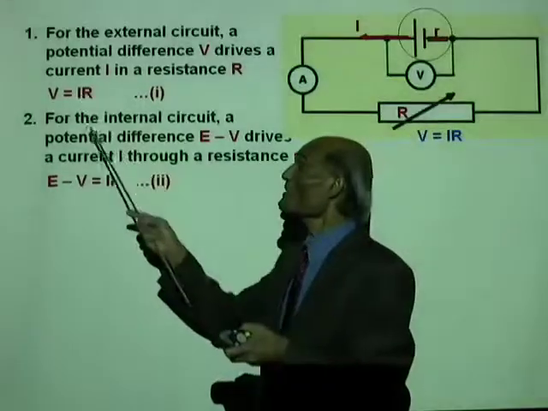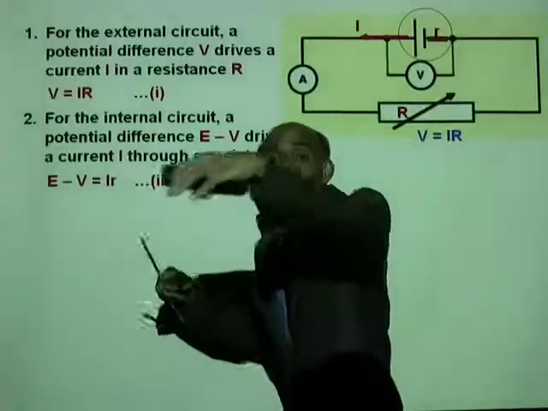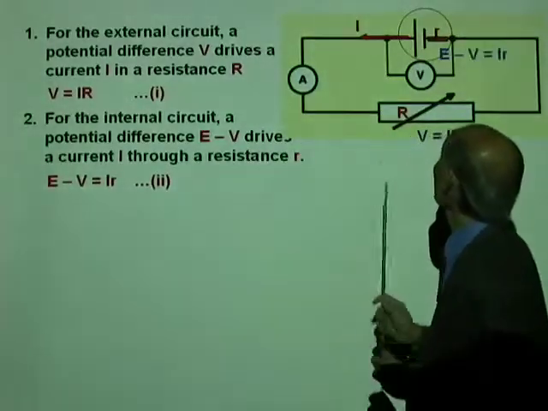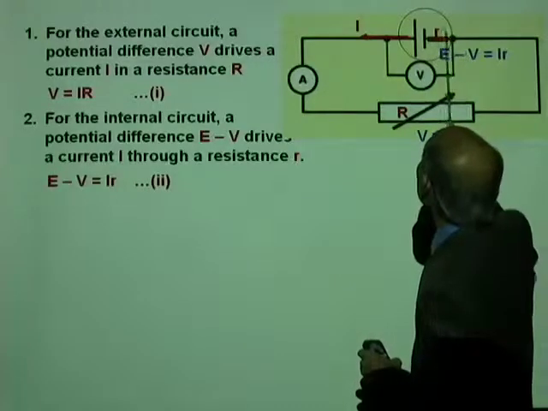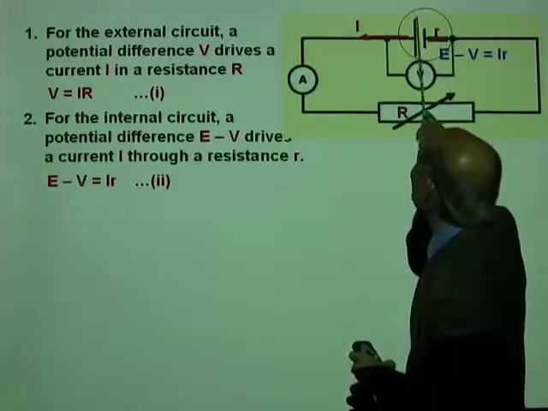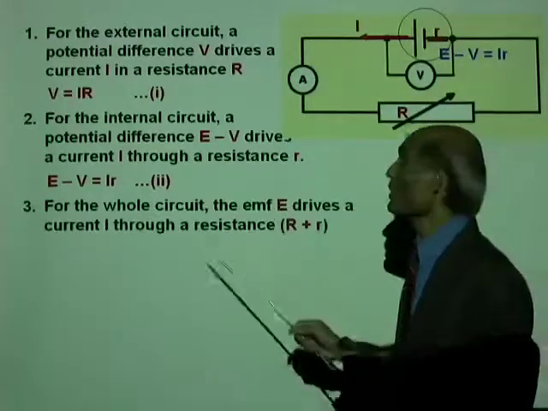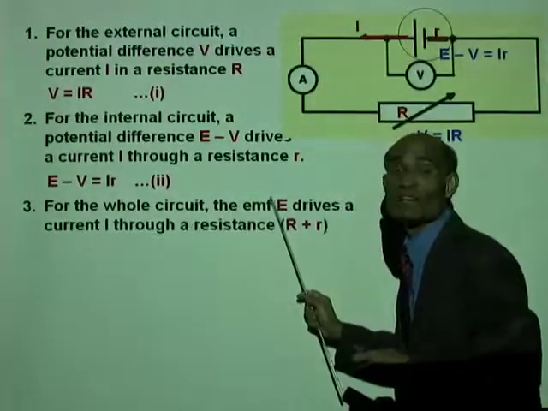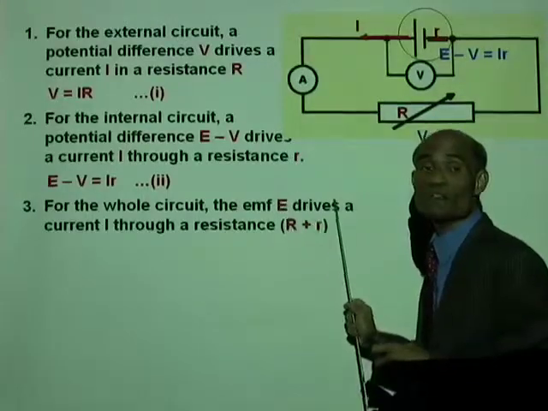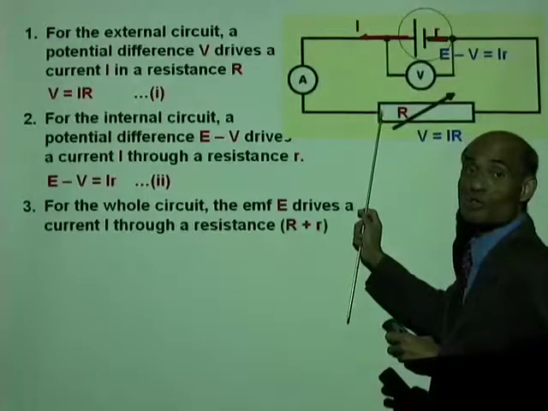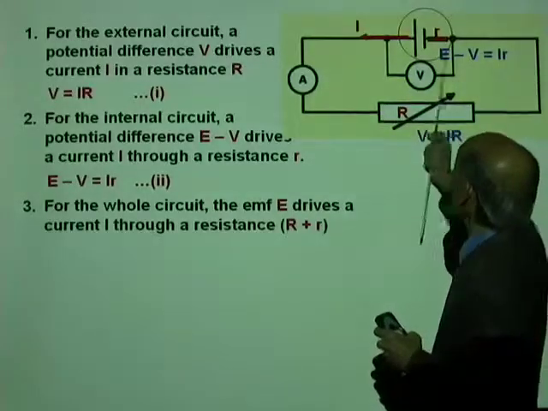And if you add these two, you get the entire internal plus external. For the whole circuit, the EMF E drives a current I through a total resistance of R plus r.